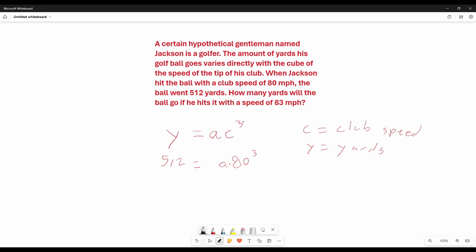So if we were to do 80 cubed, I'm going to do this on my calculator. 80 cubed is 512,000.